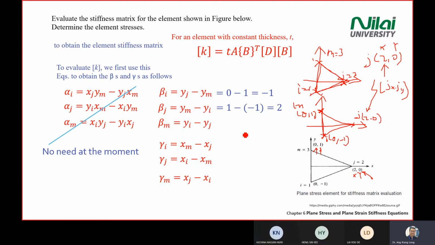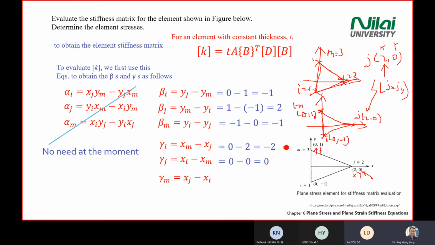Okay Singi, now it's your turn to answer B sub M. What is the answer? -1 minus 0 equal to -1. Okay, correct. Lai, your turn. What is the gamma I? 0 minus 2, equal to -2.